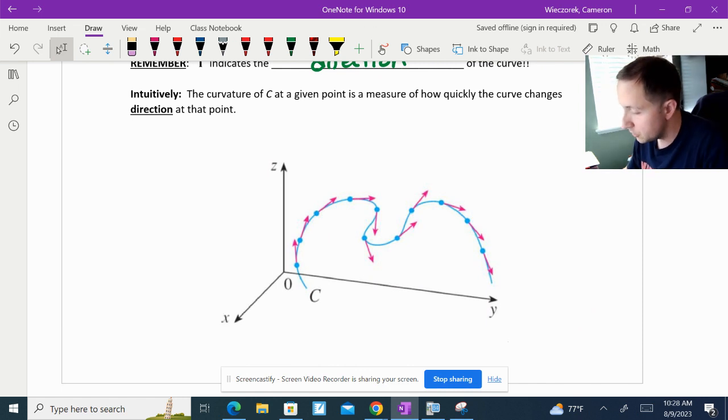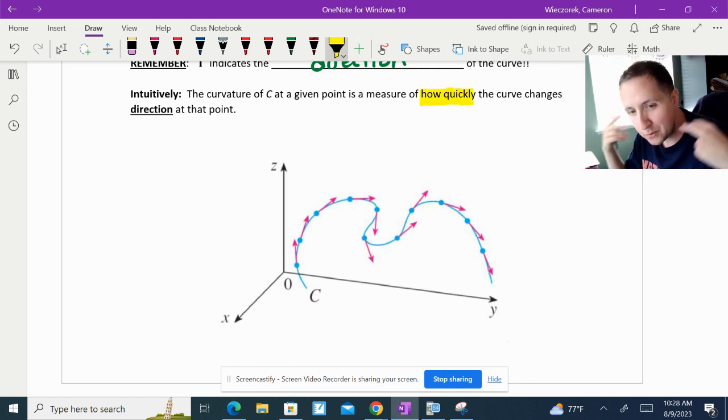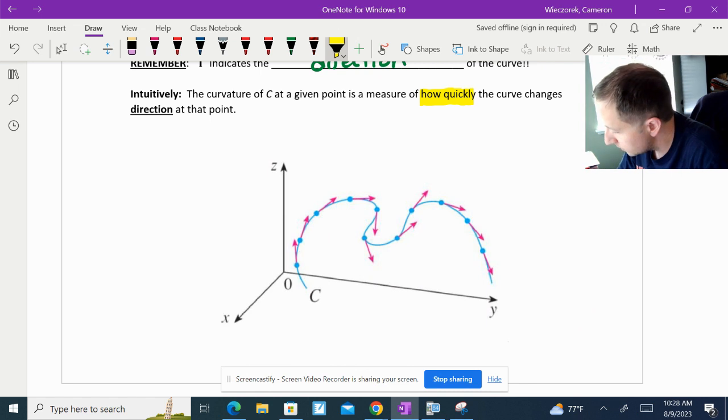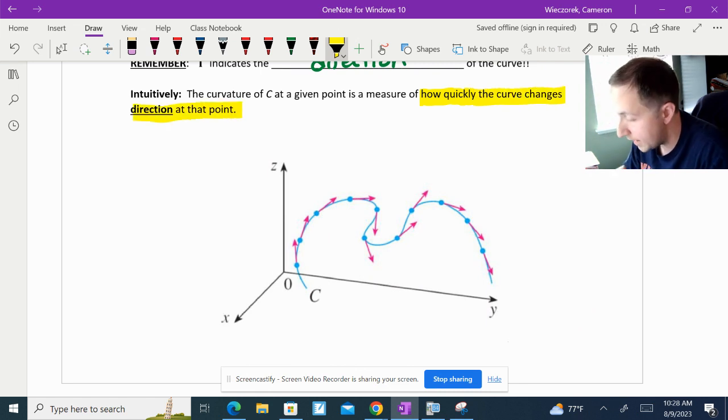Well, the curvature is defined in words, and we'll give a more mathematical definition on the next page, to be a measure of how quickly, which should make you think derivative, the curve changes direction at a particular point. So here's a space curve drawn in blue, we'll call that curve C, given by some parameterization r of t.